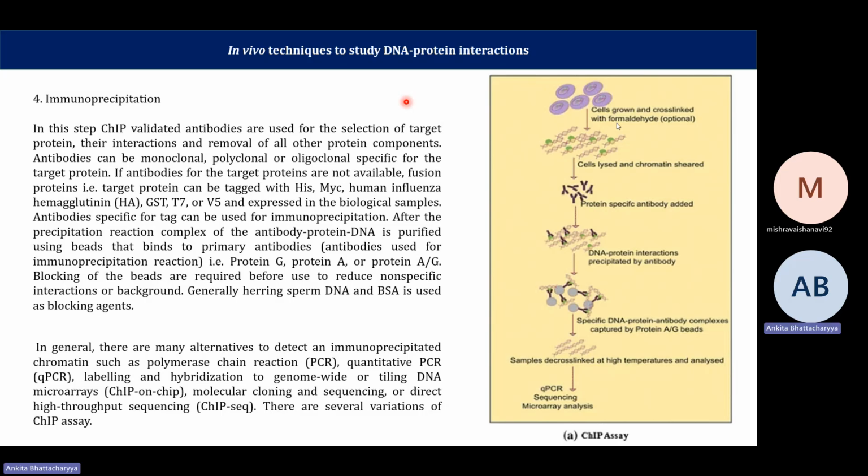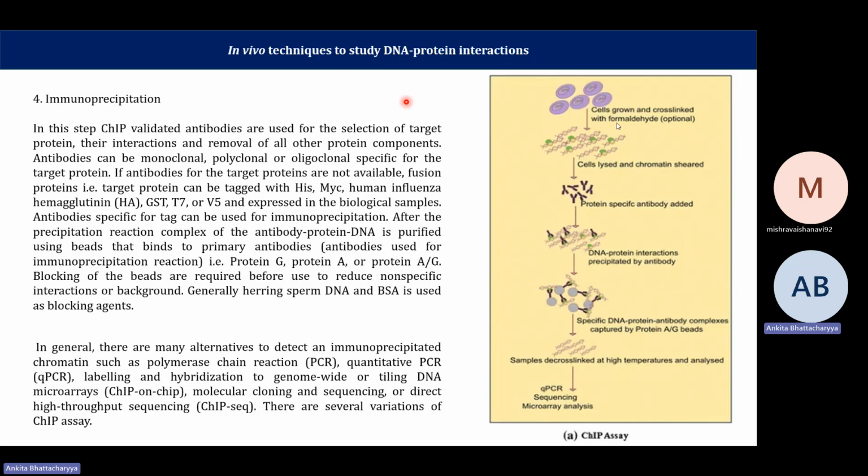So these ChIP-validated antibodies are used for the selection of the target protein and its interactions, and removal of all other protein components. Your antibodies should preferably be very specific to your protein of interest, or the protein can be tagged. Tags you would most commonly find are flag tags, so let's consider flag tags only.